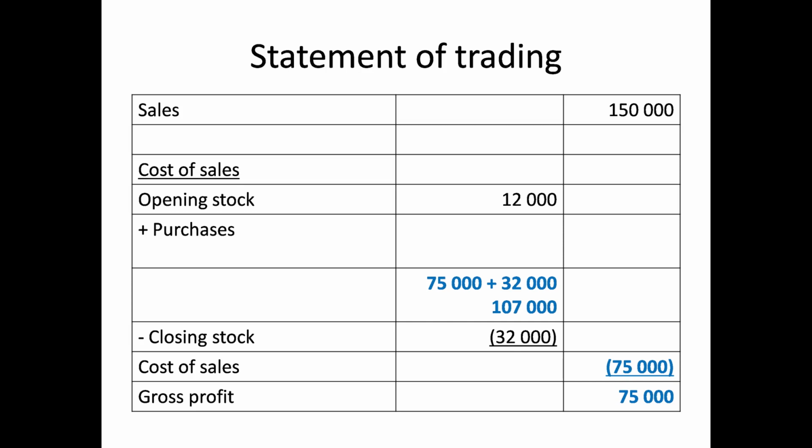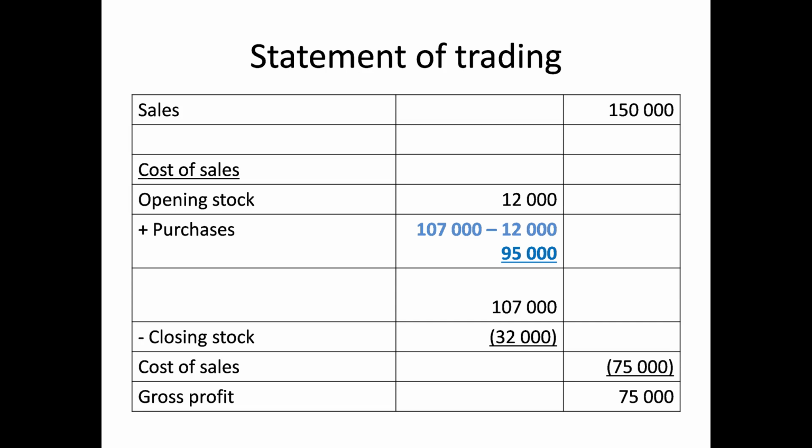75,000 and 32,000, you are getting the total as 107,000. Now the only missing figure is the purchases value. Now you can calculate the missing figure. In this statement of trading, opening stock value is 12,000 and the total of opening stock and purchases is 107,000.